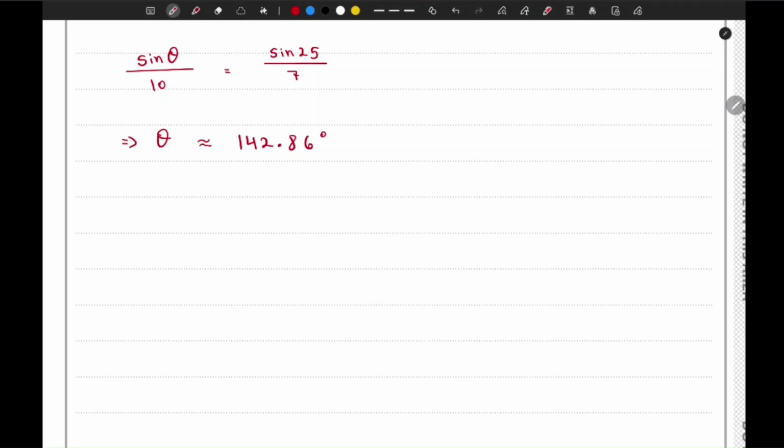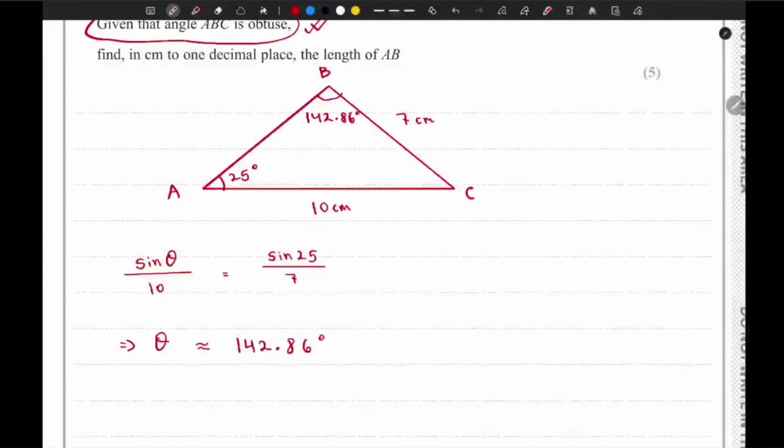Alright. So this is 142.86 degrees. Now we can calculate this angle using the angle sum of a triangle, that is 180 degrees minus 25 minus 142.86, which is 12.14 degrees. Now we can easily calculate the length of AB using the sine rule.